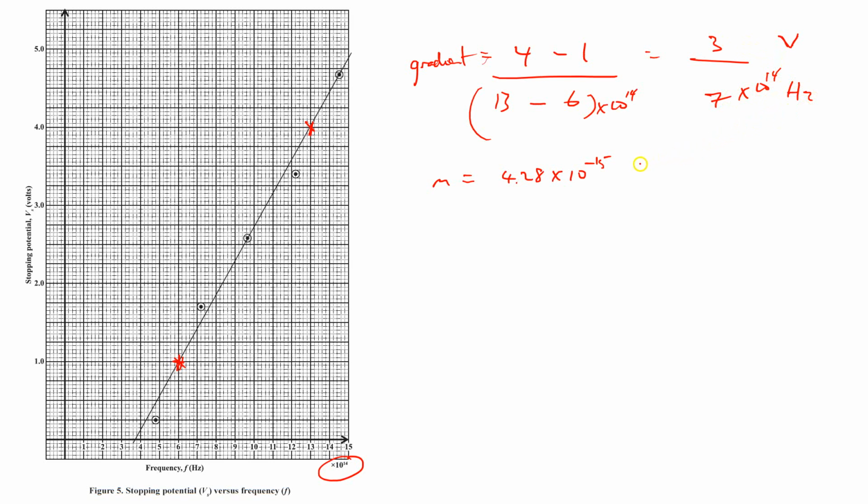I don't know if they want volts per hertz, or they could want this joule second, because hertz is per second. So technically speaking, it could be volt seconds, VS. Yeah, I think it could be that as a unit.